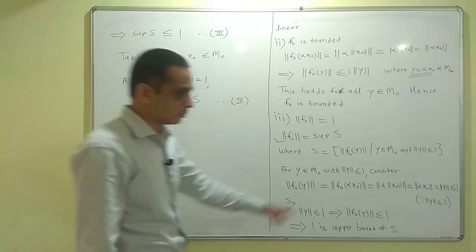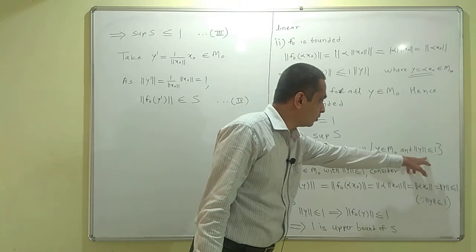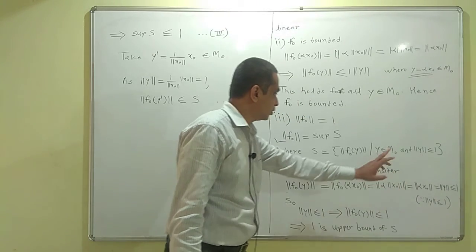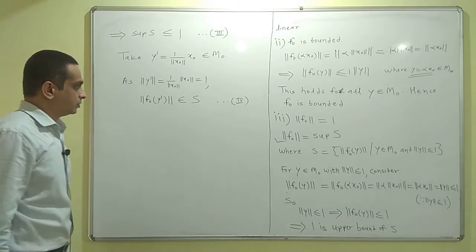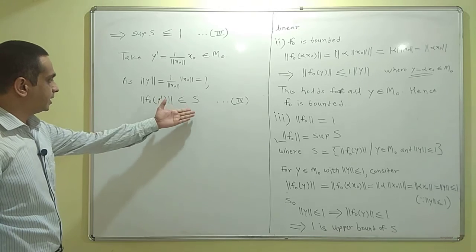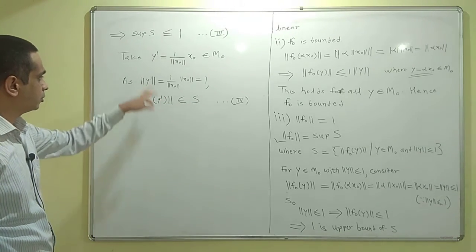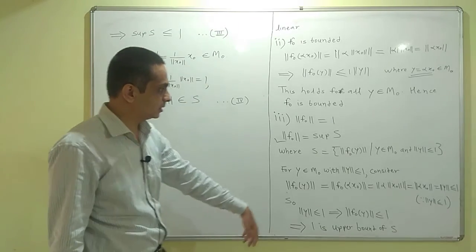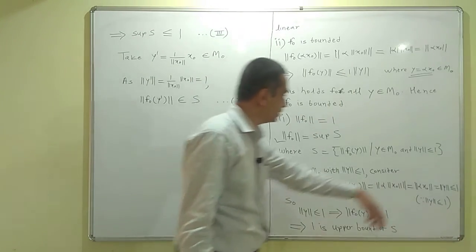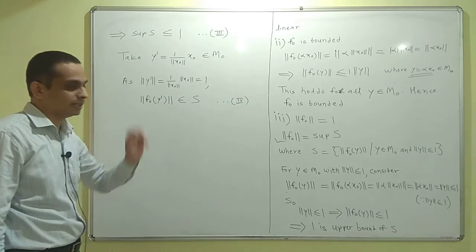It consists of norm of f0 y, where norm of y is less than or equal to 1 and y belongs to M0. So with these observations we can say that norm of f0 y dash belongs to S, because norm of y dash is equal to 1. It has to be less than or equal to 1. In this case it is equal to 1, so it clearly belongs to S.